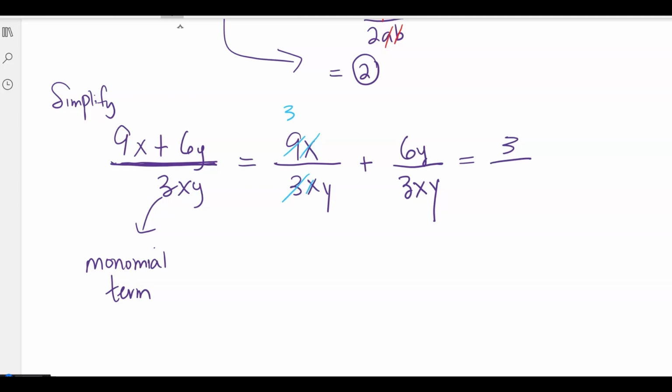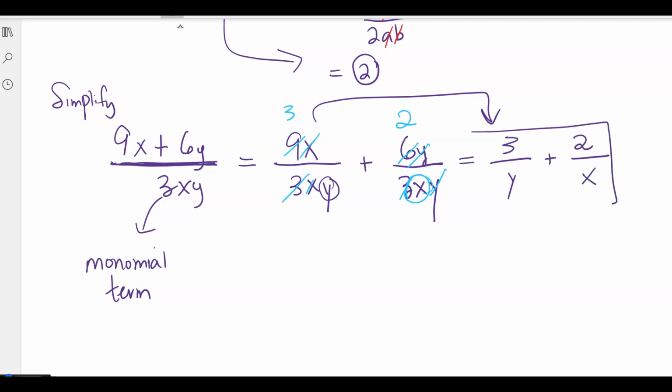For the first part, you had a 3 in the numerator and you're left with a y in the denominator. Plus, now on this side, you have 3 goes into 6 2 times. The y's cancel out in this case, but we have an x in the denominator. So we have 2 in the numerator divided by x. So here you go. 3 over y plus 2 over x.